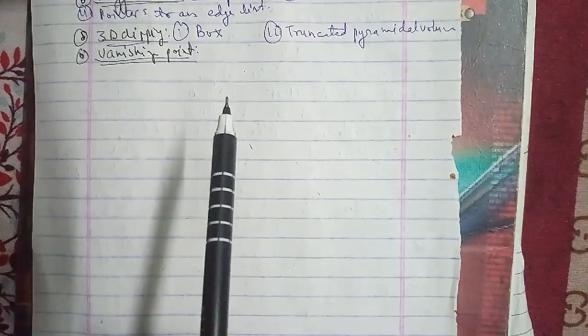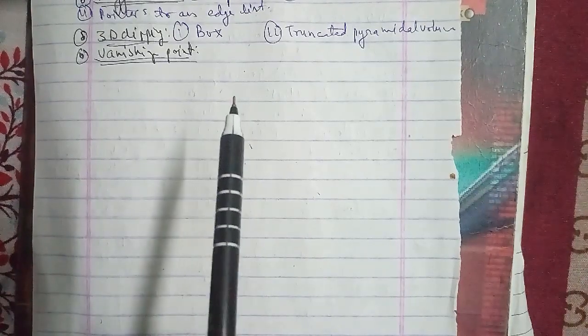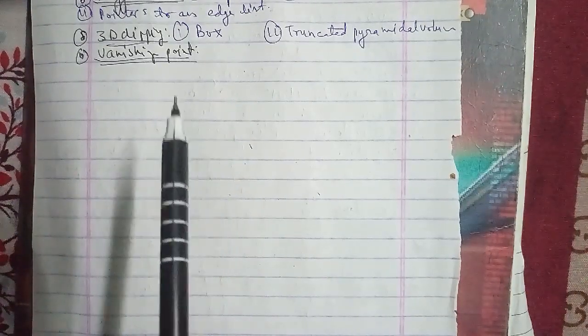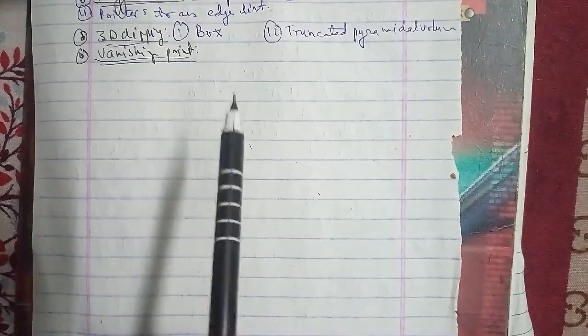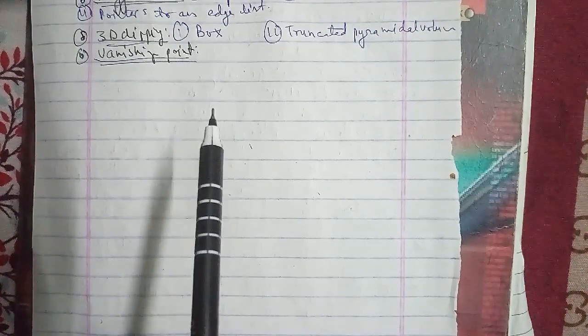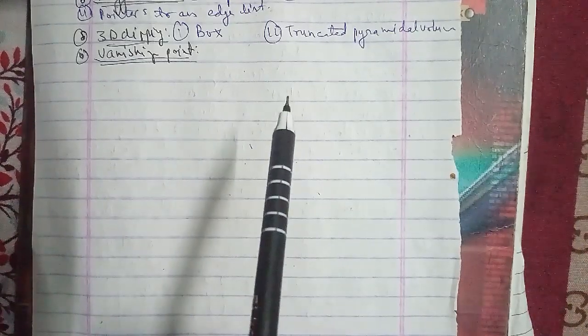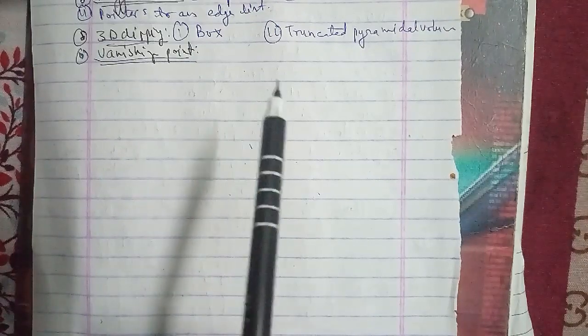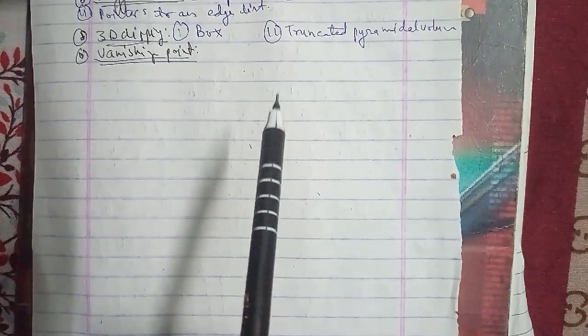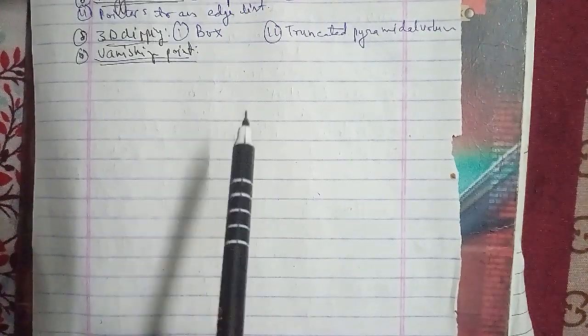The answer is the view plane. The other question is: dash defines the directions of projected lines. The answer is the projection vector defines the direction of projection lines.